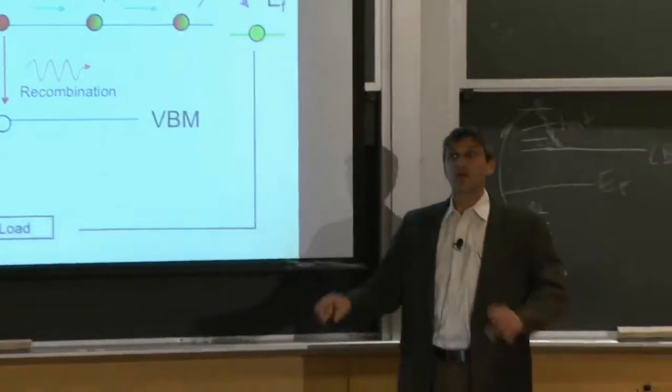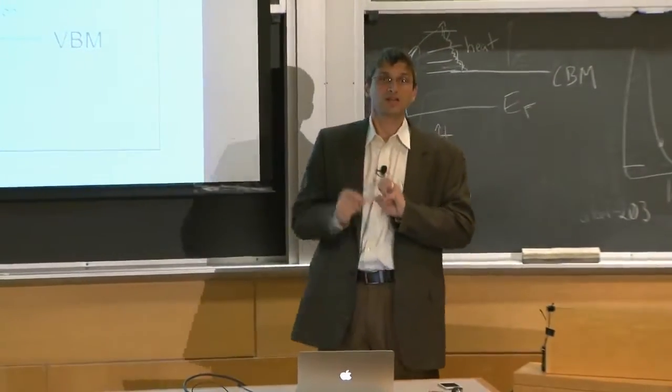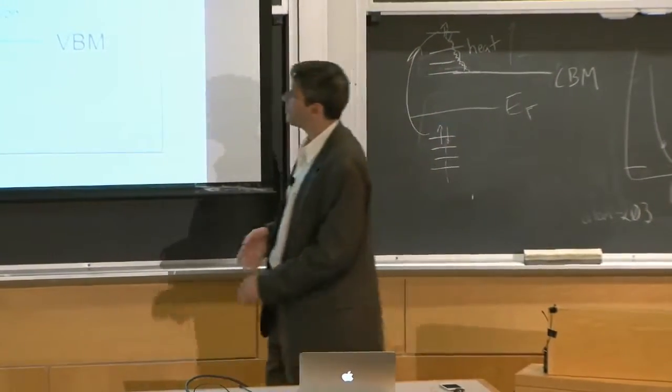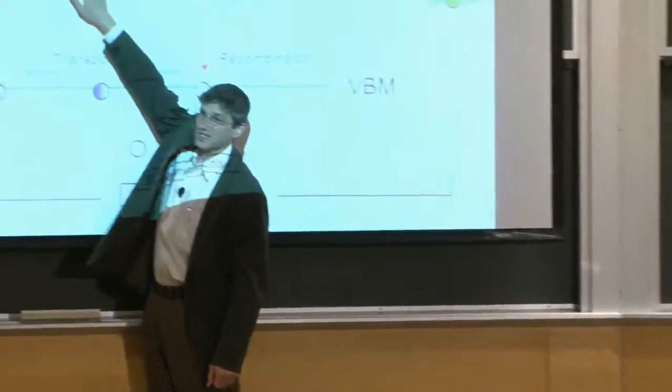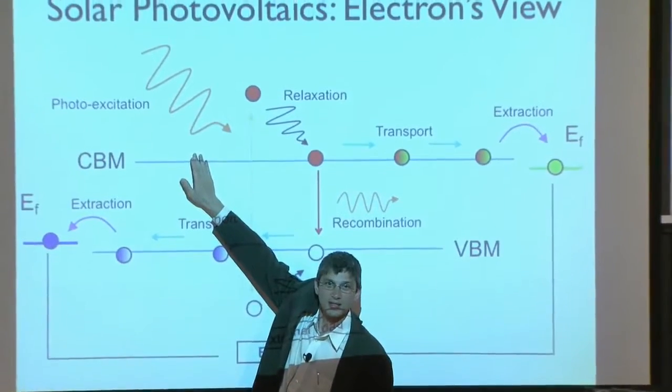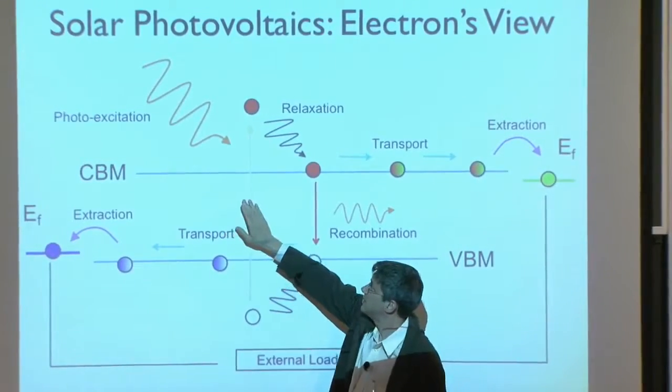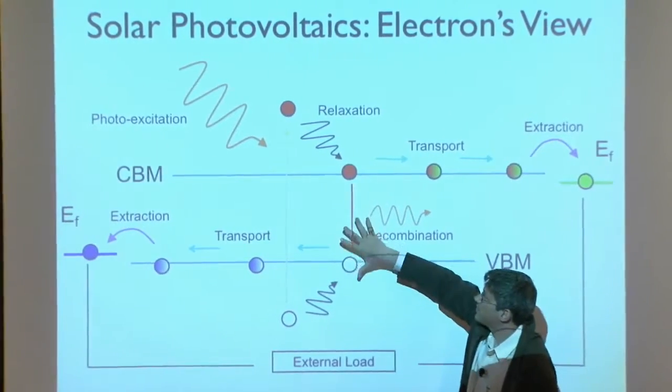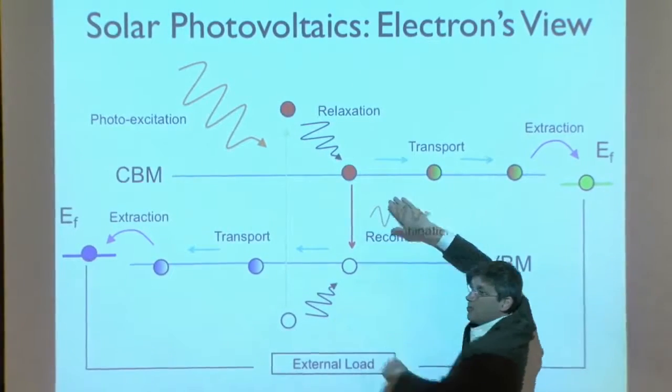So in those kinds of solar cells, the challenges are different. They're actually really good at absorbing light. Remember I said 100 nanometers thickness is all you need to absorb all the light in some of these materials, even less. But the challenge is how do you pull them apart?